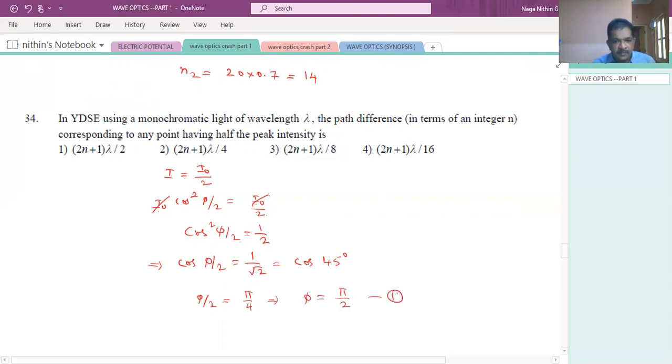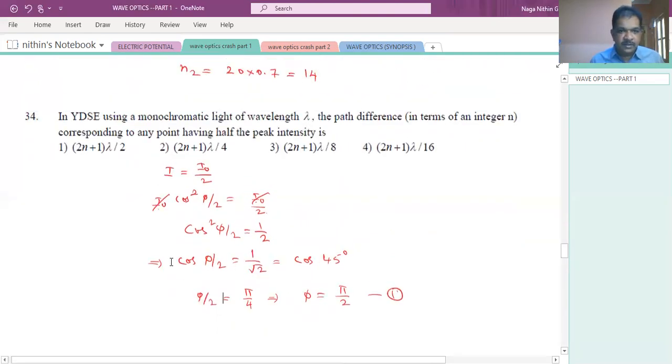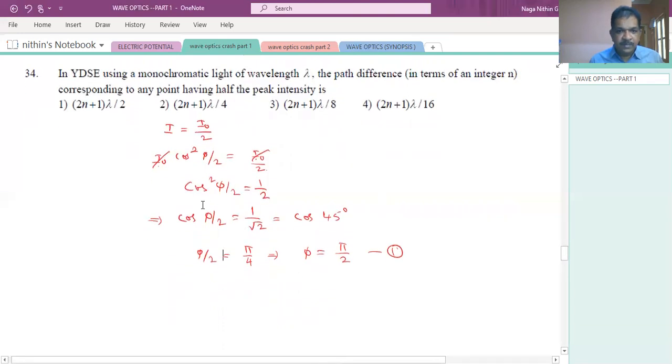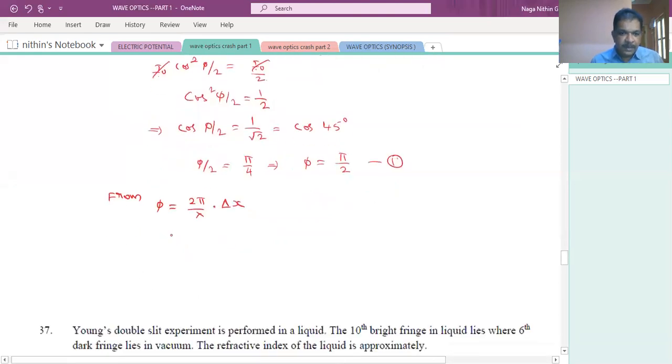Okay, understood. Then they are asking what is the path difference; we got the phase difference, how much is the path difference they are asking. So phi is equal to 2 pi by lambda into delta x. So pi by 2 equals 2 pi by lambda into delta x.